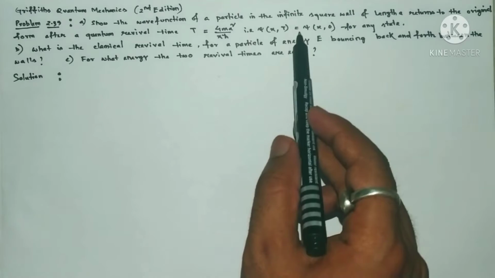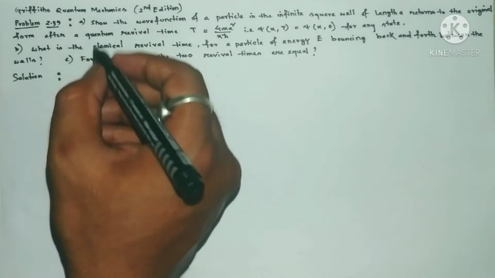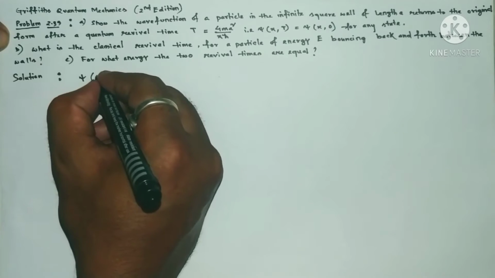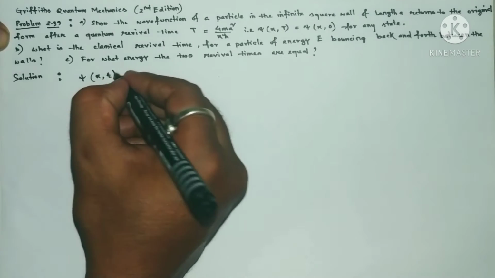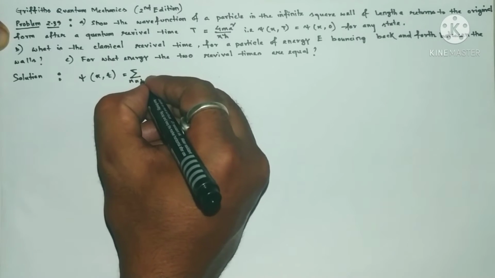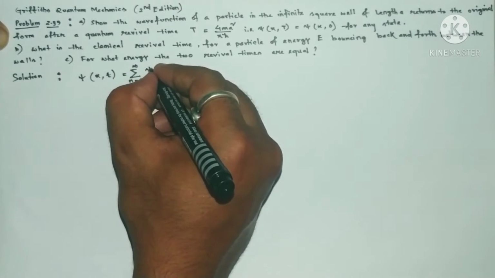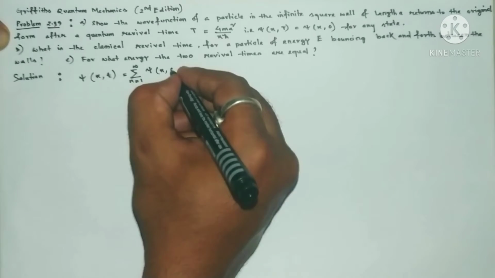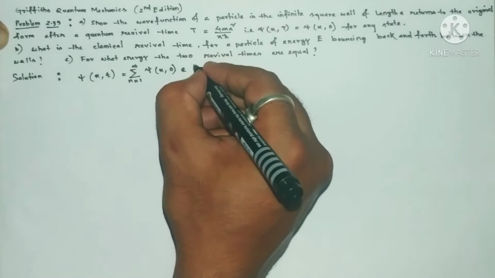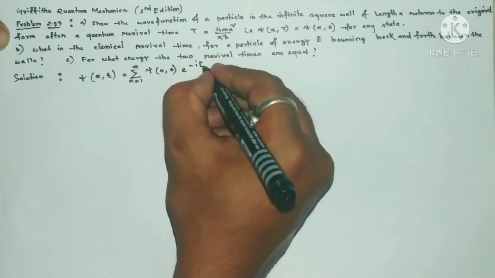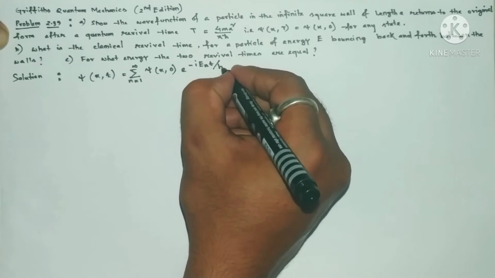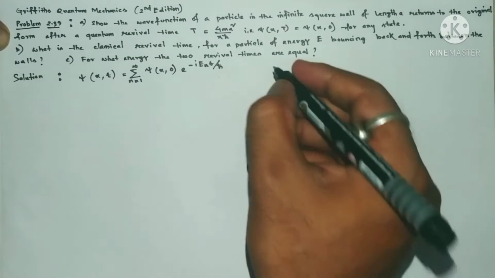For the infinite square well, the wave function can be written as ψ(x, t) = sum over n from 1 to infinity of ψ(x, 0) e^(-iE_n t/ħ), right?